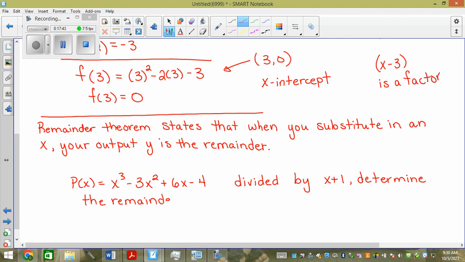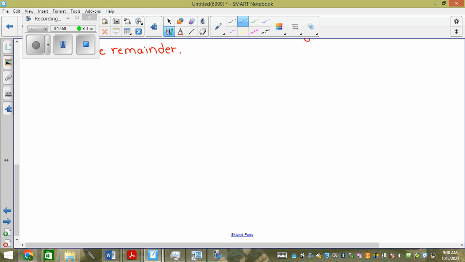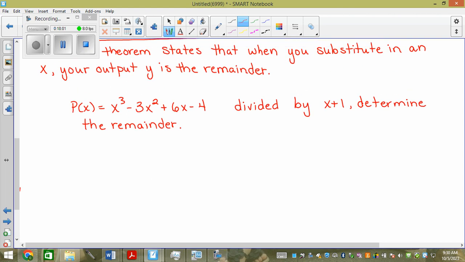I could do synthetic division, or I could just do what? Go x equals -1 and insert that in, right? So x plus 1 is the factor, x plus 1 equals 0, so x just equals -1, and I plug that in and see what I get.